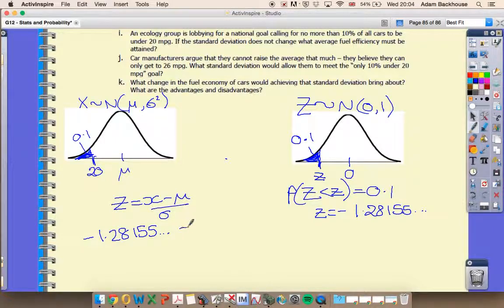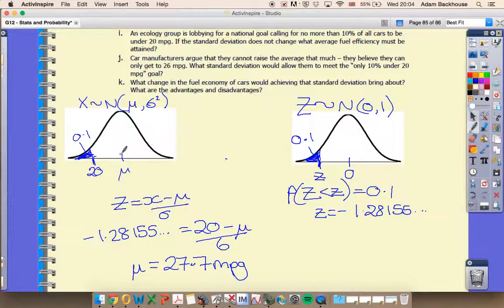So let's put in the values we know. We know z, we know x is 20, we don't know mu, but we do know the standard deviation is 6. So now I've got a linear equation that I can solve for mu. I'm not going to go through how to do that because I trust you're all capable of that. So we end up with mu being 27.7 miles per gallon.